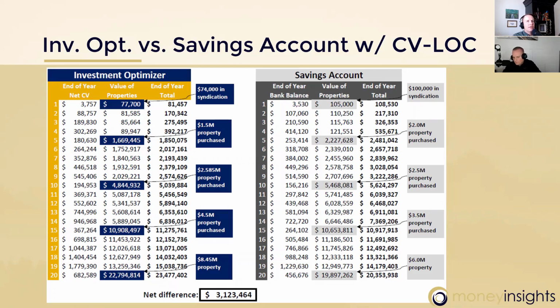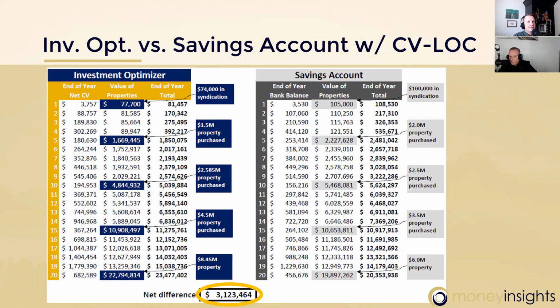Same dollars going in, same investment pattern, same 20% down and 80% financed when we go purchase those properties. But the difference here is by having a 3% interest rate on the loan side that we're paying, now we actually get a $3.1 million difference. So in other words, we increased that difference, that value, by 50% just by substituting in the cash value line of credit. Crazy, Rod. Every time I look at it, it just feels like more and more of a no-brainer to use.